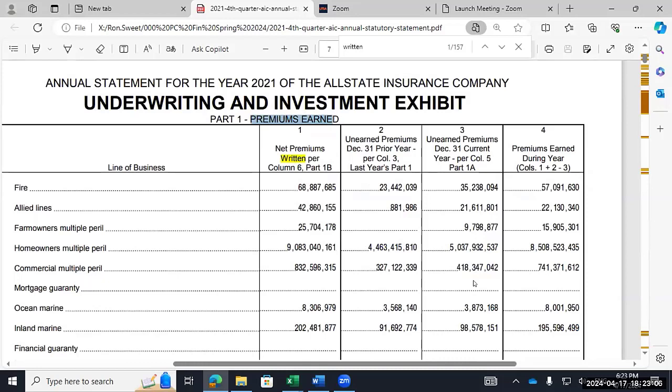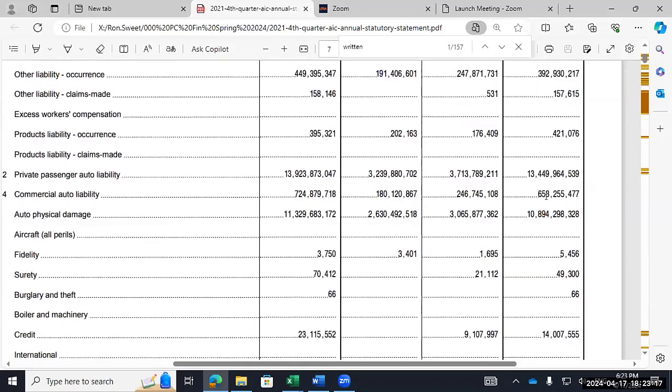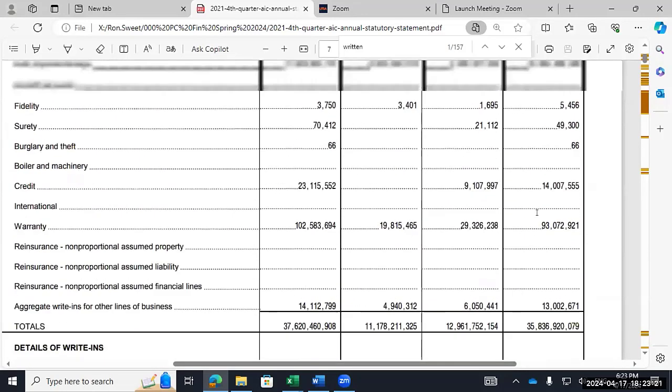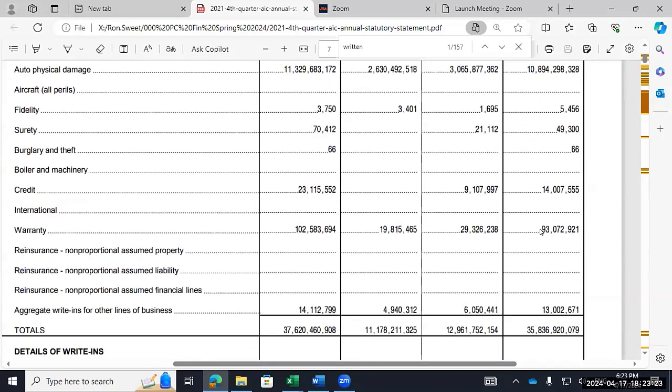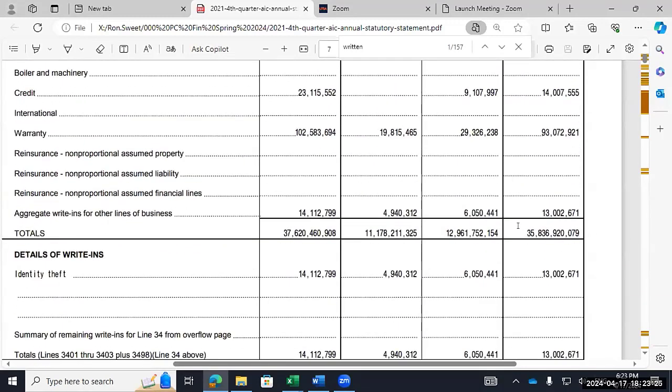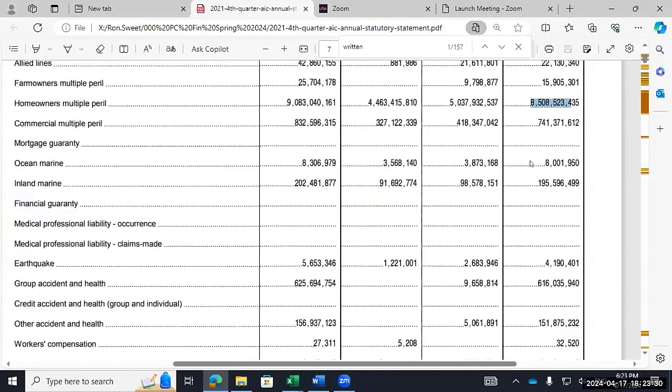But when I was looking for USA's competitors, I was looking for those where homeowners and auto is at least 50% of their business. You can see with Allstate, they've got about 9 billion there, 23, about 41 billion. Well, did I add it wrong? 21, about 30 billion of the 35 billion. So the bulk of their business is auto and home. And there's some others that are related to auto and home in there as well.